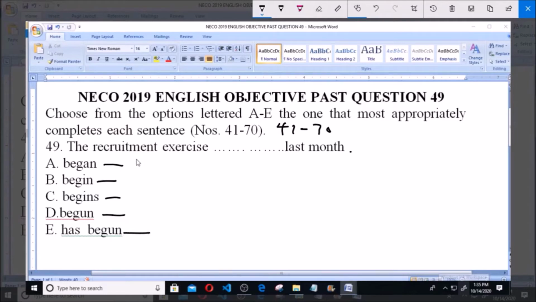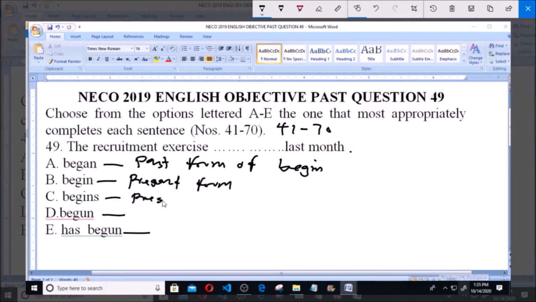So when we talk of began, it is the past form of begin. Then begin is the present form, then begins is the present singular form.